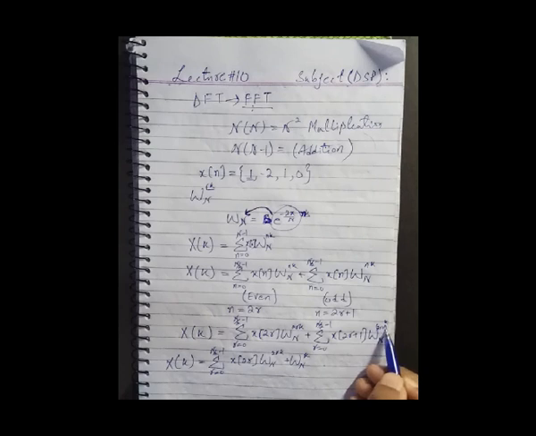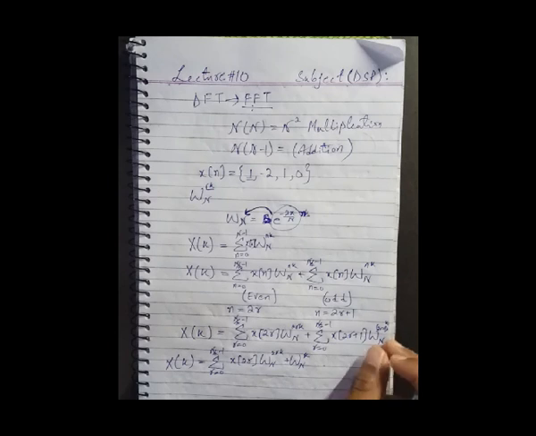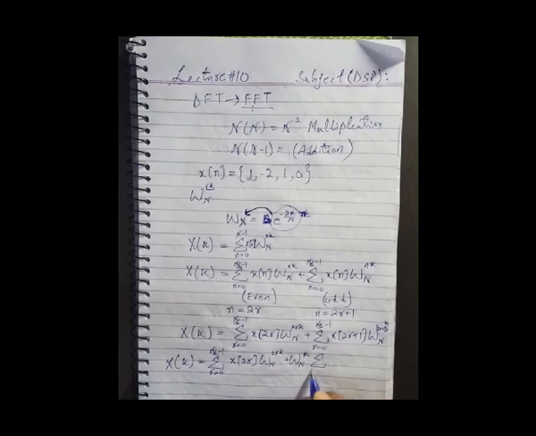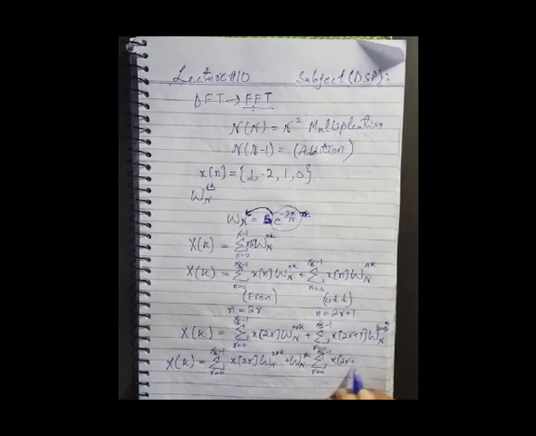We have an extra term here. If we multiply this k, we will get 2rk plus k, and this k term is independent of this summation, so we will take this term and write it before the summation sign. And r is equal to 0 to N by 2 minus 1 x of 2r plus 1.